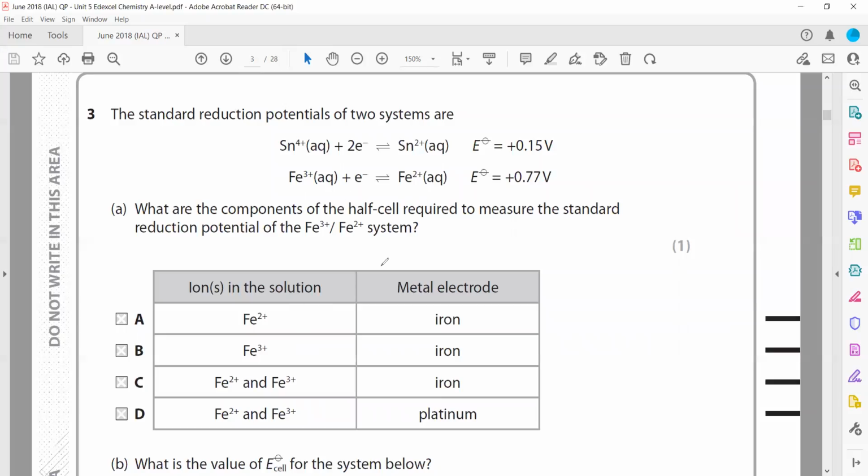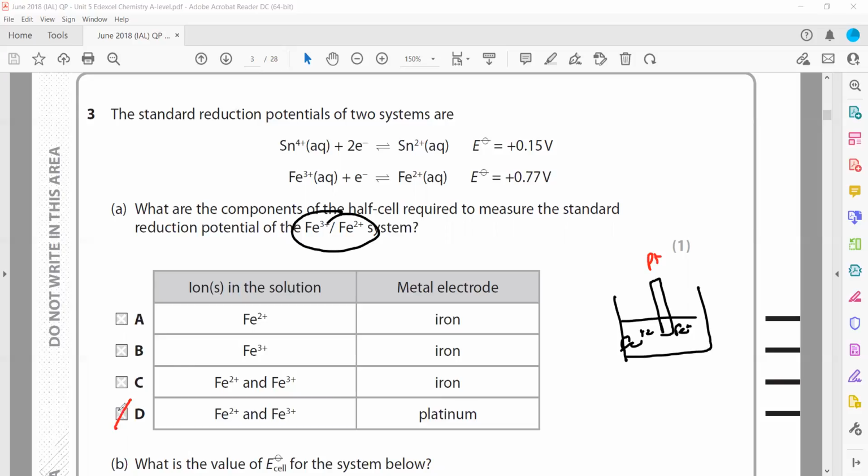So there is a change in oxidation number, but iron metal is not formed. So when metal is not formed, you should have a solution which contains iron 2 and iron 3. And you don't need an electrode made of iron, you need an inert electrode. So that's why we use platinum. So the only option with a platinum electrode is D. That's why D is the right answer.